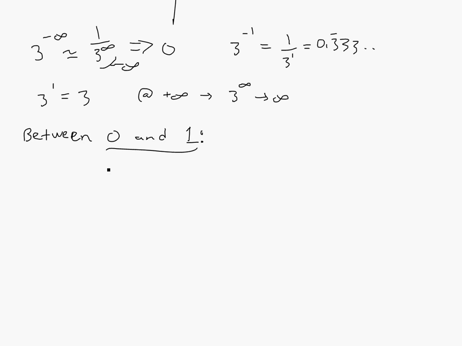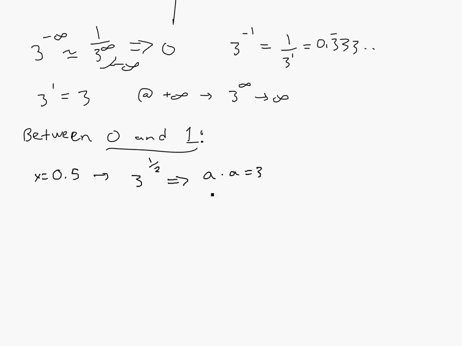Let's actually look at, let's say, x equals 0.5. Then you'll have 3 to the 1 over 2. That's just 0.5, and this is basically a number times itself. So this will just be a times a equals 3. That's what we're looking for.